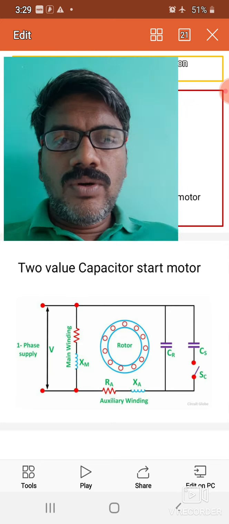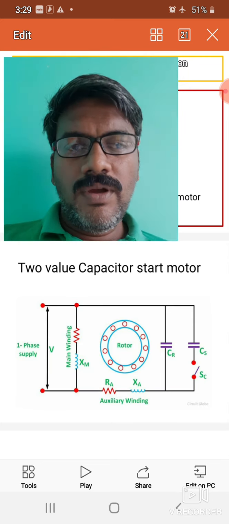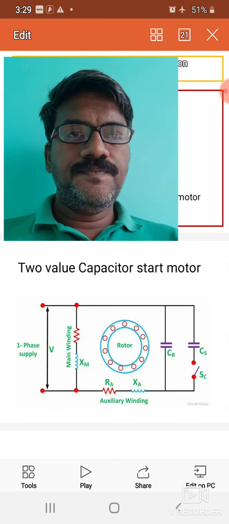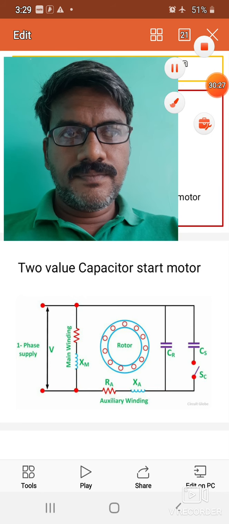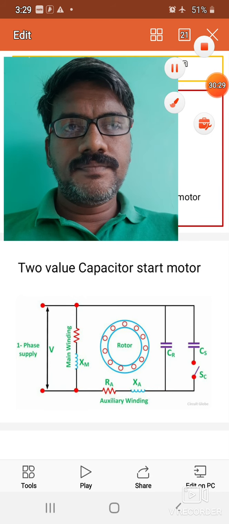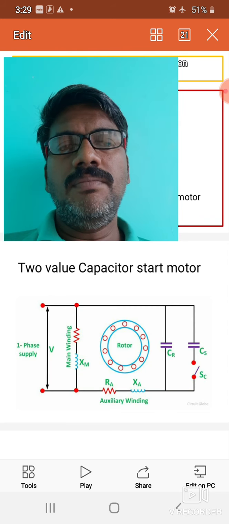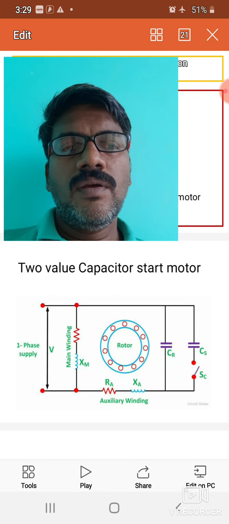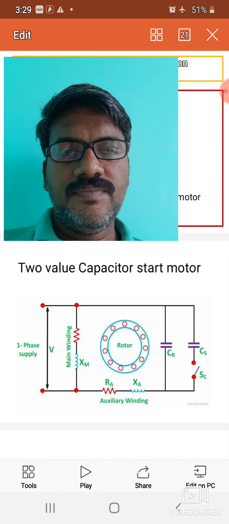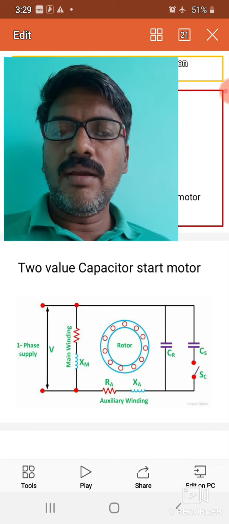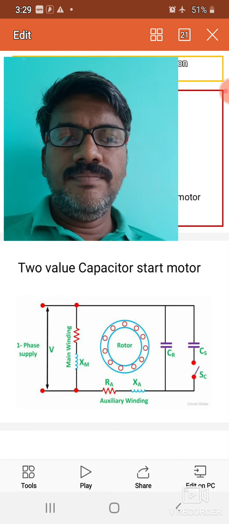So observe the circuit diagram of the two value or double value capacitor start motor. A single phase supply, next the main winding, its reactance is Xm, resistance is Rm.